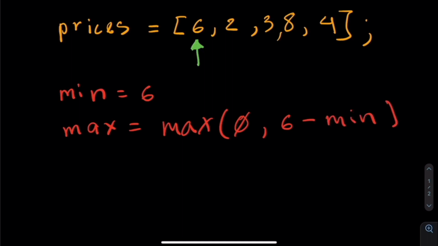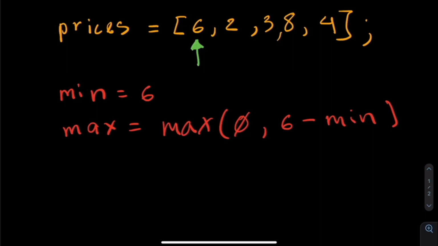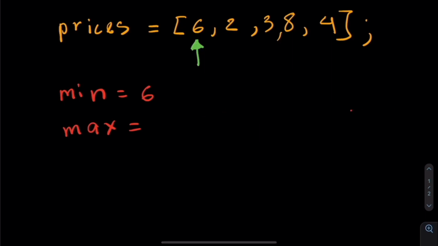In this case both are 0. 0 is the initial value that we assigned max, and 6 minus minimum is also 0. Therefore it doesn't matter, we reassign max to 0 and leave it as it was.